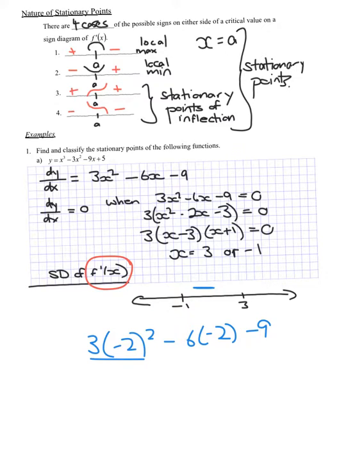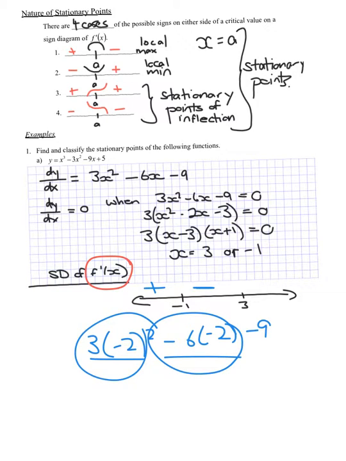Because negative 2 squared is 4, and that's going to be positive. So you have two big positive numbers and then one negative number, so that's just going to be positive. They're two relatively big numbers and you're only taking away 9.